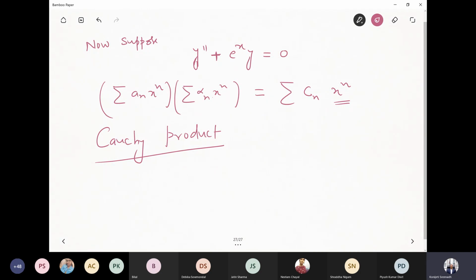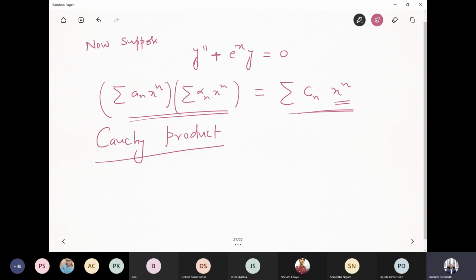So we need to know, when given two series like this that converge in an interval with positive radius of convergence, can I multiply them and get a series again? The nth partial sums are polynomials, so when I multiply two series, I should get the nth partial sum to be a polynomial.